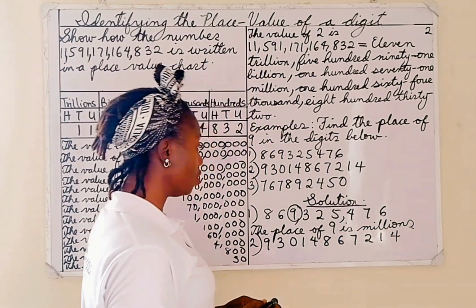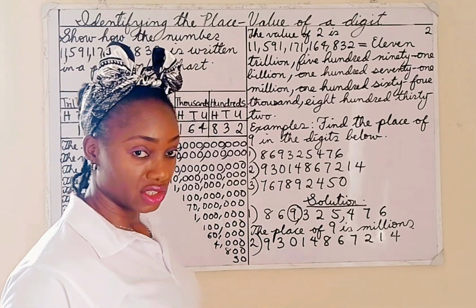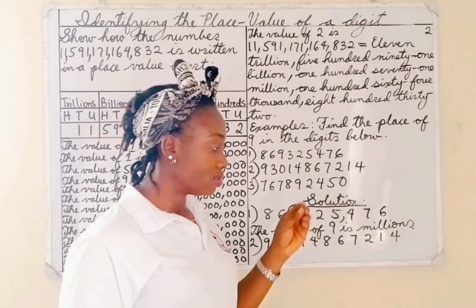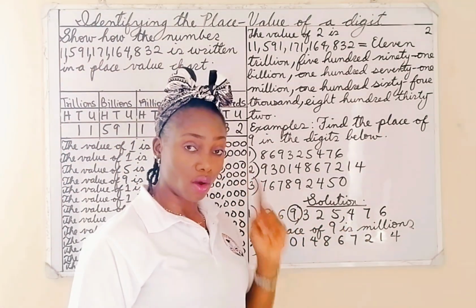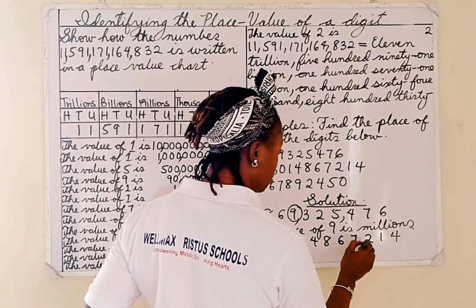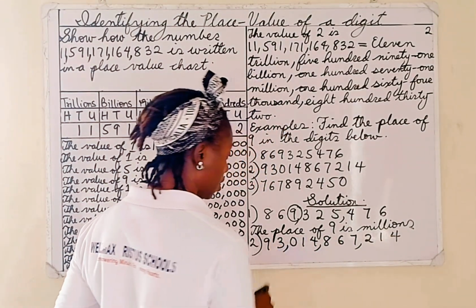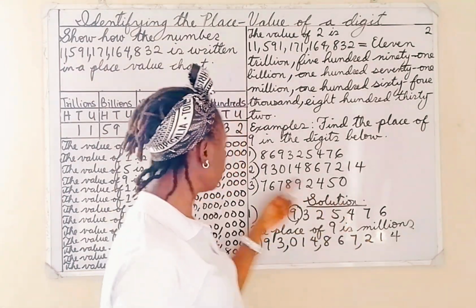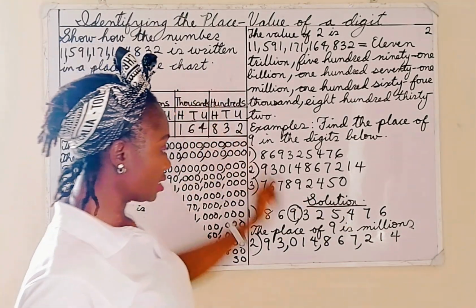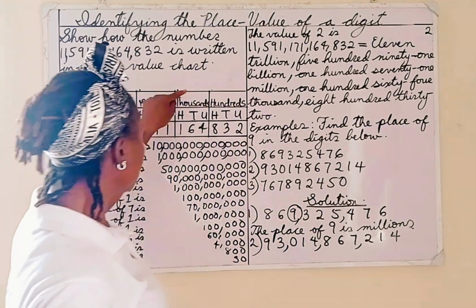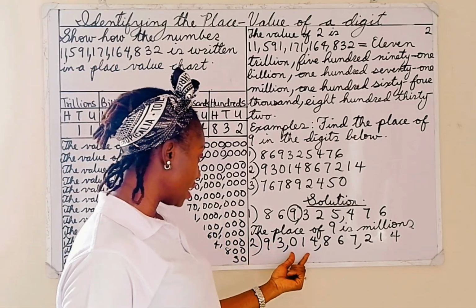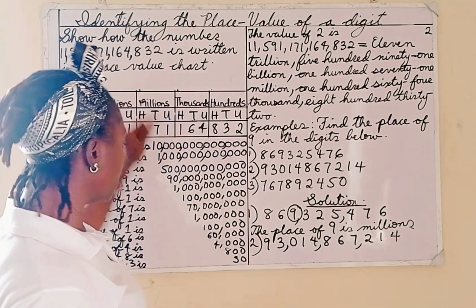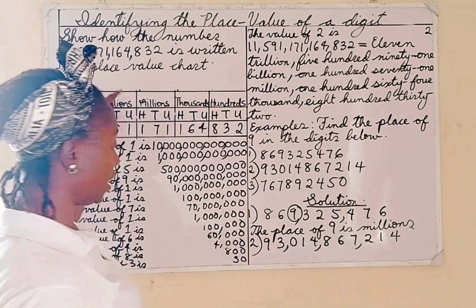Now, question 2 says 93014867214. We want to find the place of 9 in these digits. What do we do first? Separate our numbers with commas. 1, 2, 3. Good. Now this first set of numbers falls under the hundreds place. The next set is thousands. The third set, millions, and the last set is the billions.